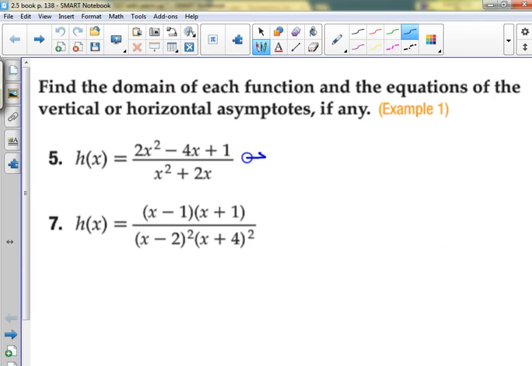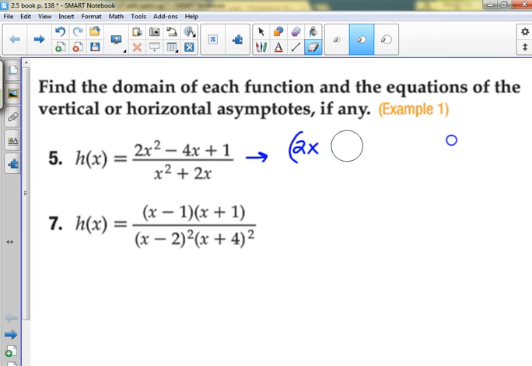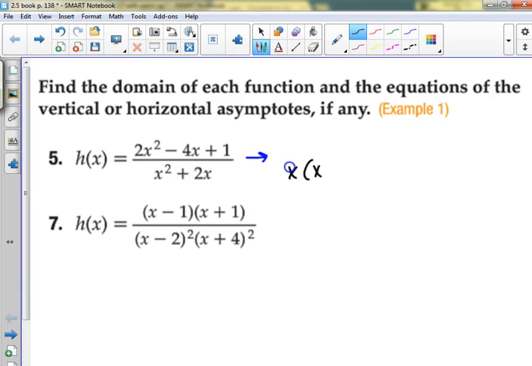Anybody who's got paper want to help me factor the top quick? Does it even factor? Okay. Not working. The bottom factors though, right?